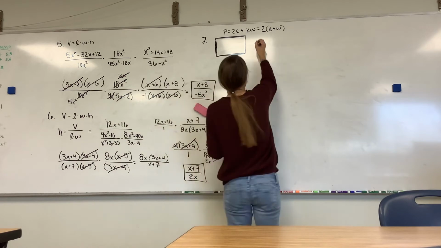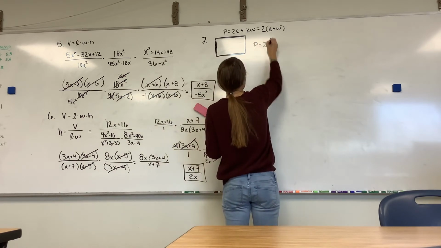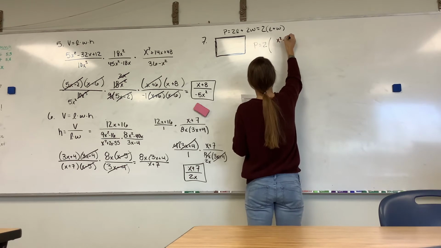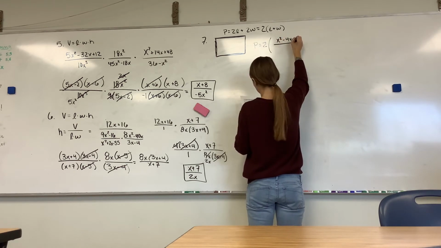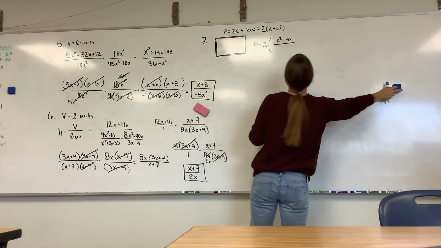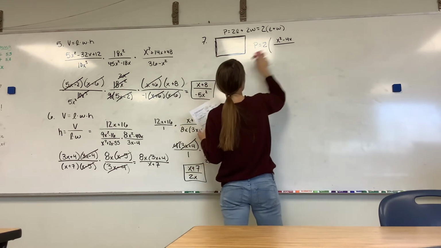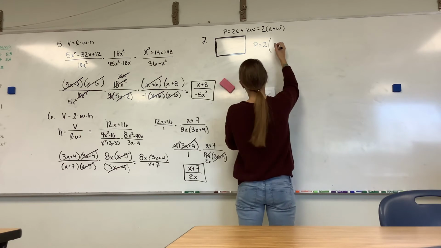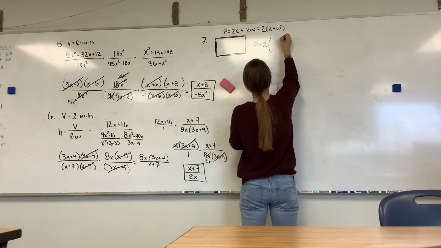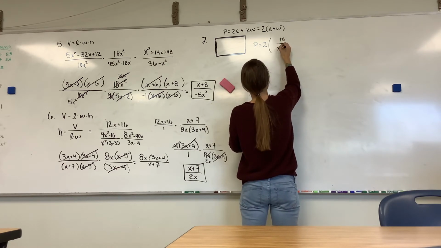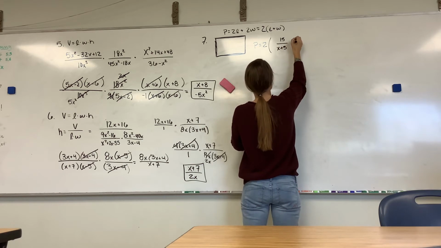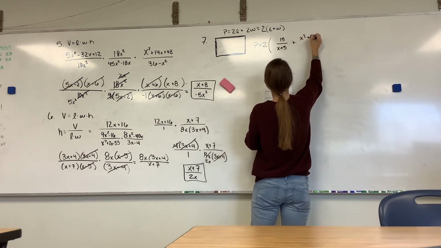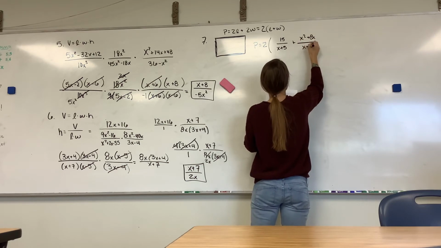Okay, so we get that perimeter equals 2 times the length, which is x squared minus 4x all over, oh, that's the next problem. Sorry. Get the 15 over x plus 5 plus x squared plus 8x all over x plus 5.